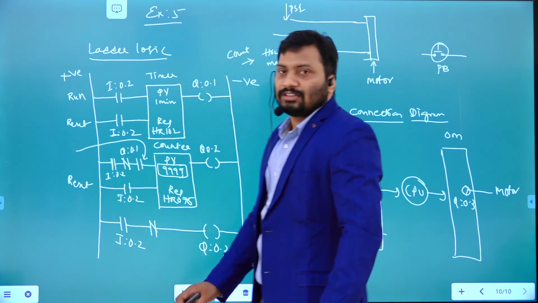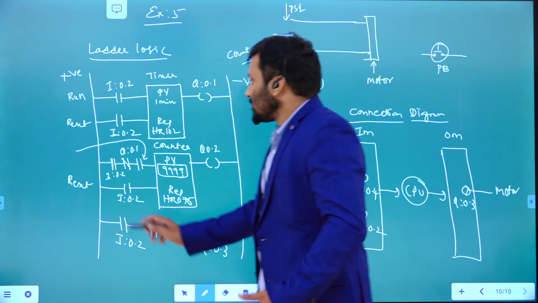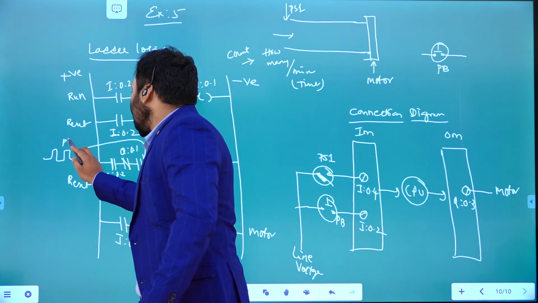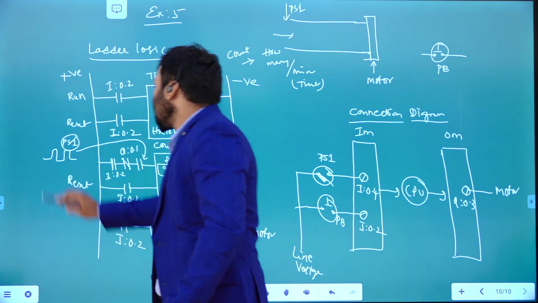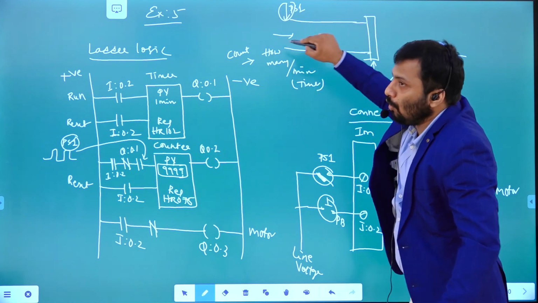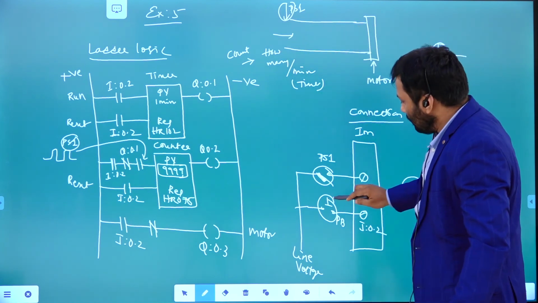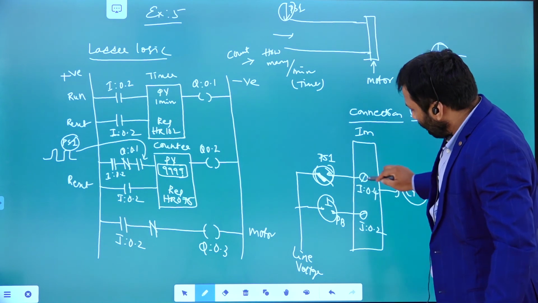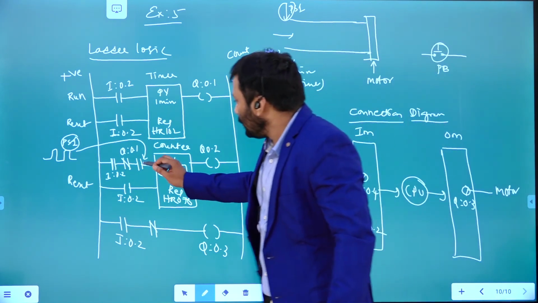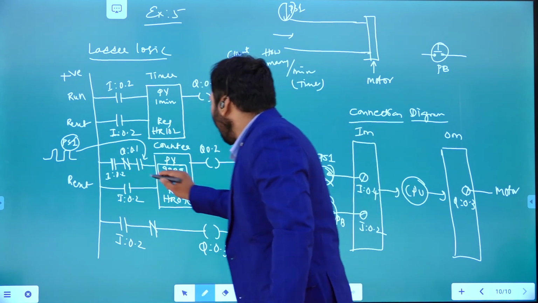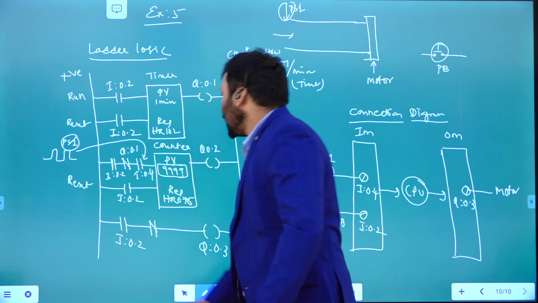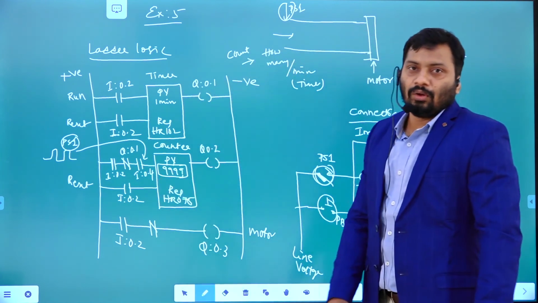This contact is going to get the pulses from proximity sensor 1. That means this proximity sensor is going to count how many bottles are entering, right. This proximity sensor is giving pulses to this particular terminal, the fifth terminal, right. So you need to give the same address here. What terminal did we connect? I 0.4, right.